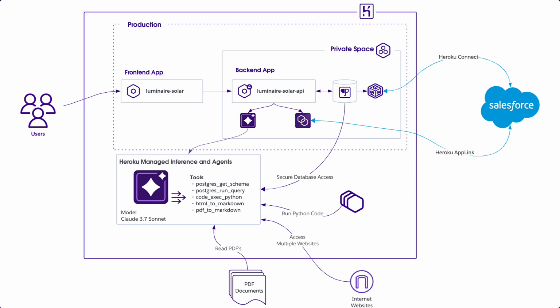Heroku Managed Inference and Agents powered by Claude 3.7 Sonnet to run agentic operations and analyze data using Heroku-supported tools. Private spaces to ensure secure networking and data residency. Integration with Salesforce and Agentforce using Heroku Connect and AppLink. And observability with a Java monitoring worker with OpenTelemetry support.